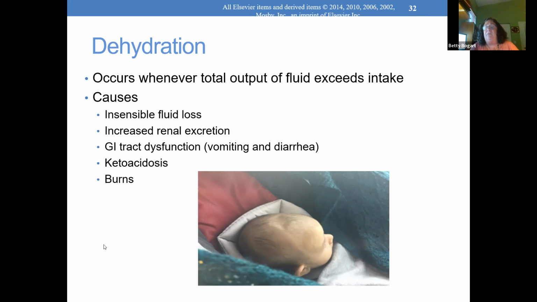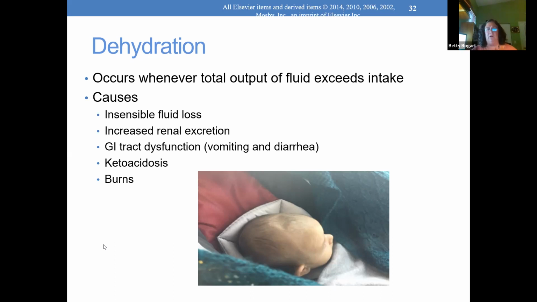That's easy. But the child's just sitting there, not crying, even sitting up, and this fontanelle is sunken. That is the first sign of dehydration. The second thing, just by looking, is the color of that infant: pale. You don't see pink in the ears, around the nose. You see a very pale child.